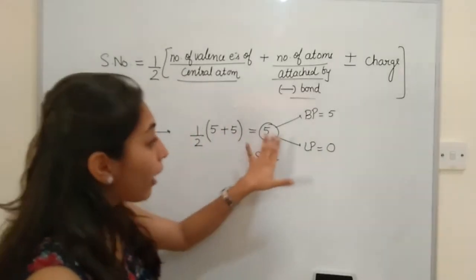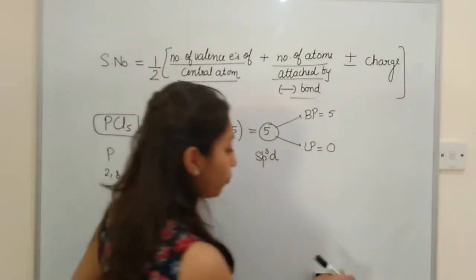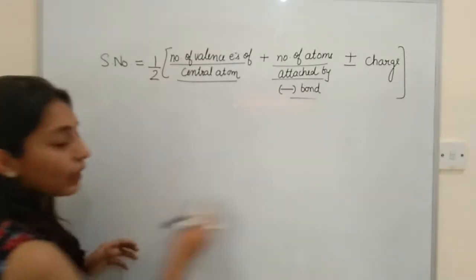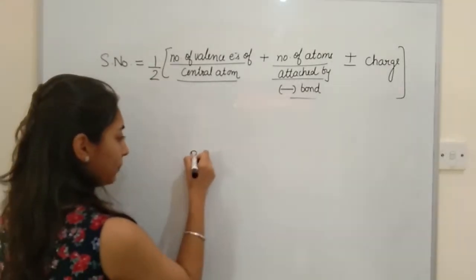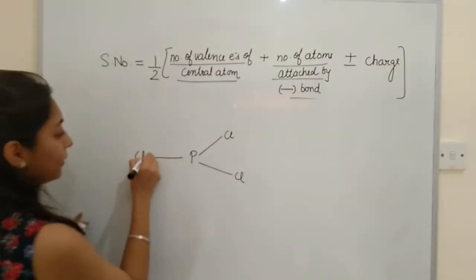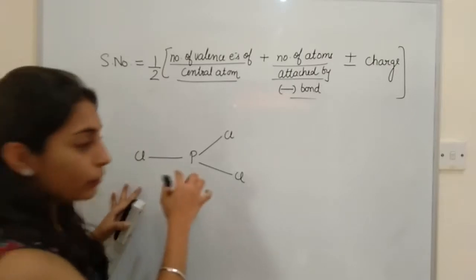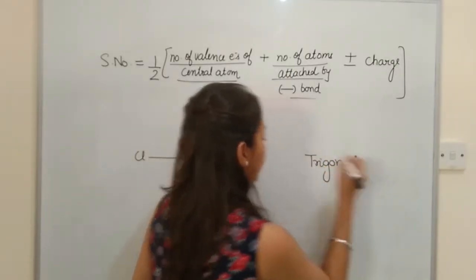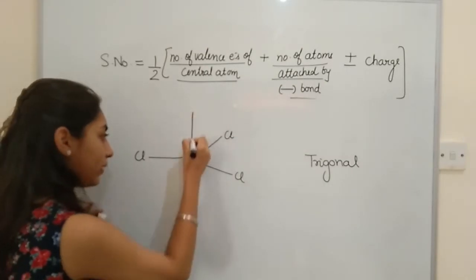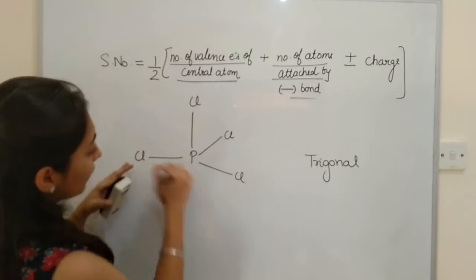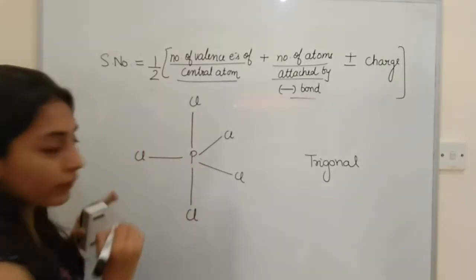Okay. Now if the number is 5, you will be placing them in another 3-dimensional way. You will place P in the center, 1 Cl, 1 Cl, 1 Cl. This is a triangle, so I'll call it trigonal. Now, I will place 1 Cl on the top, and 1 Cl at the bottom. Understood?